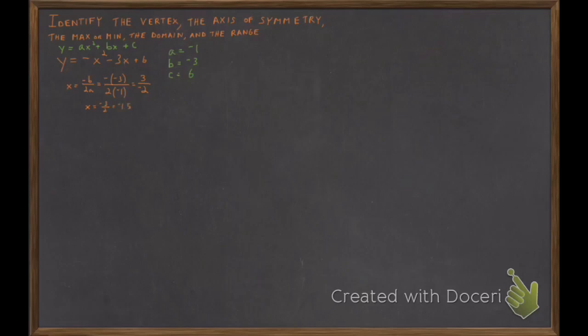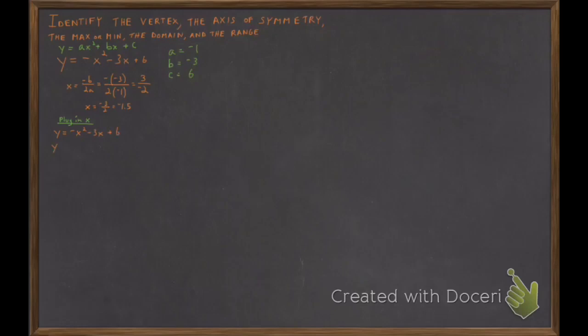Alright, to find the y, we plug in x. First I'll write the quadratic again so we can find it right under: -x squared minus 3x plus 6. And now let's substitute in that x value.